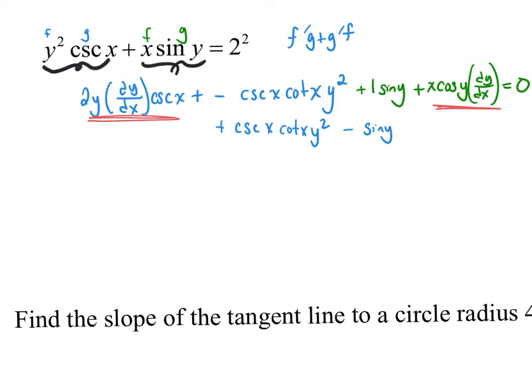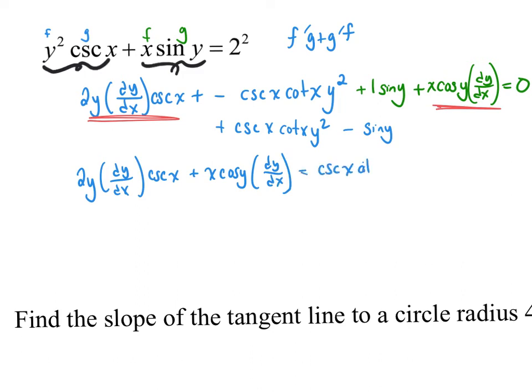So what that's going to give me is 2y dy/dx cosecant x plus x cosine y dy/dx equals cosecant x cotangent x y squared minus sine y.